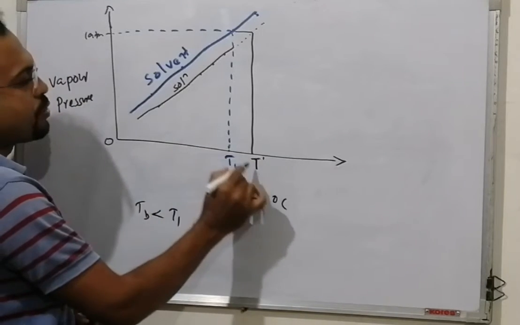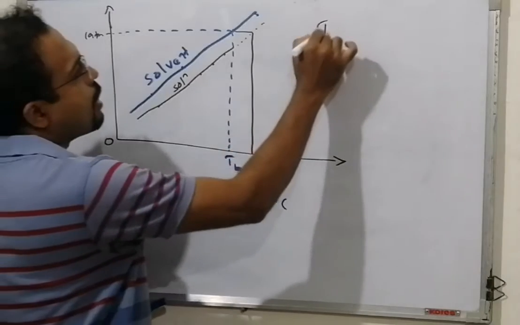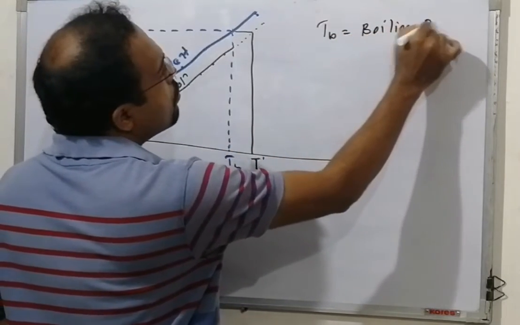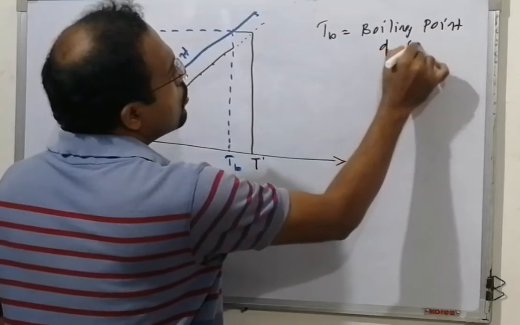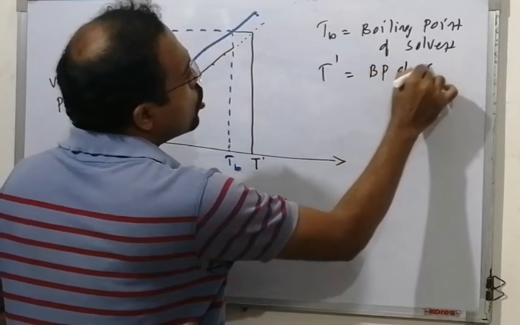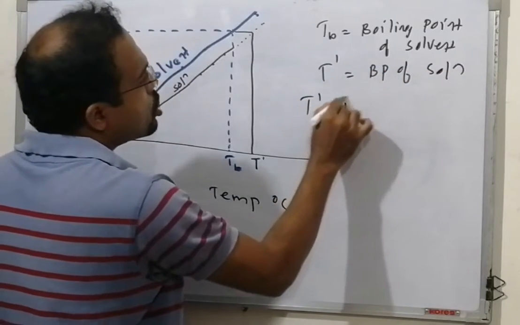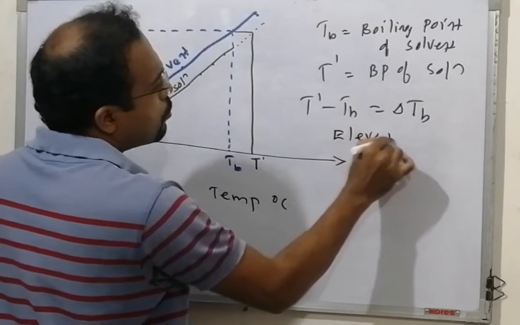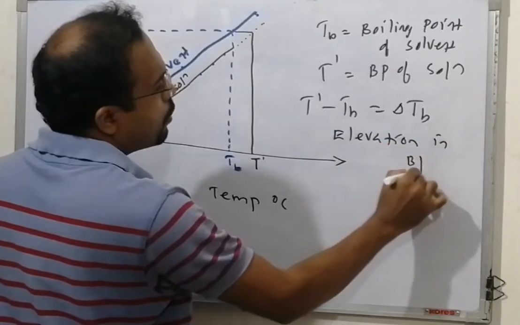This is the boiling point of the solution. TB is the boiling point of the solvent. T dash is the boiling point of the solution. Therefore, T dash minus TB is equal to delta TB, that is the elevation in boiling point.